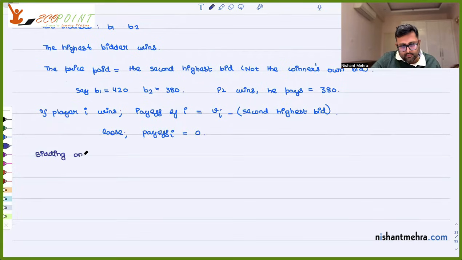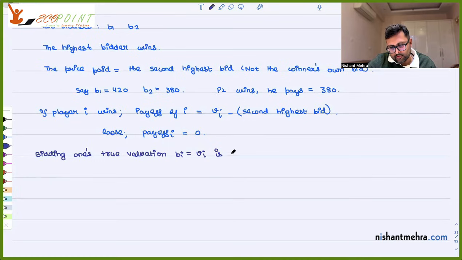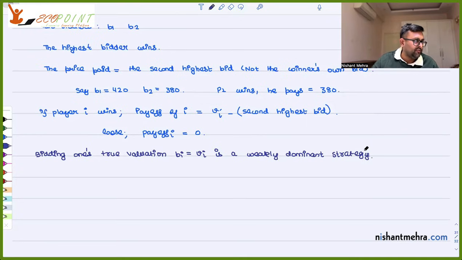Bidding one's true valuation, BI equals VI, is a weakly dominant strategy.